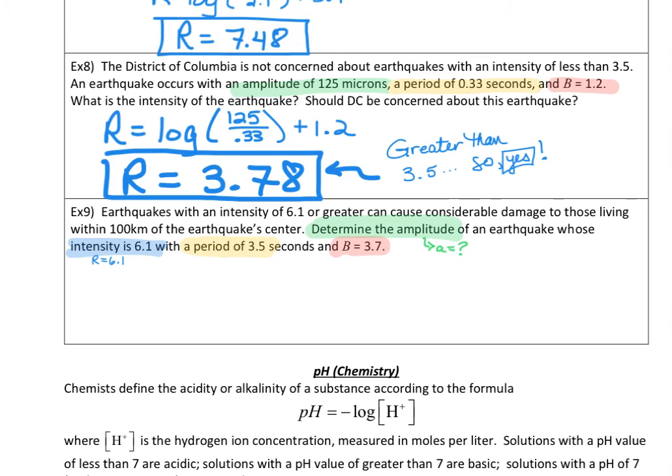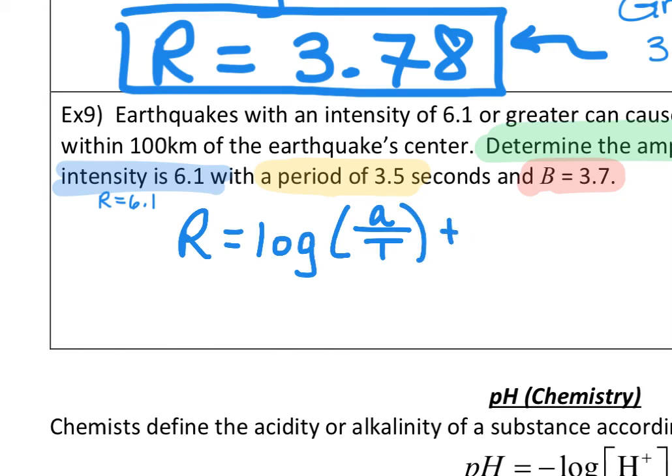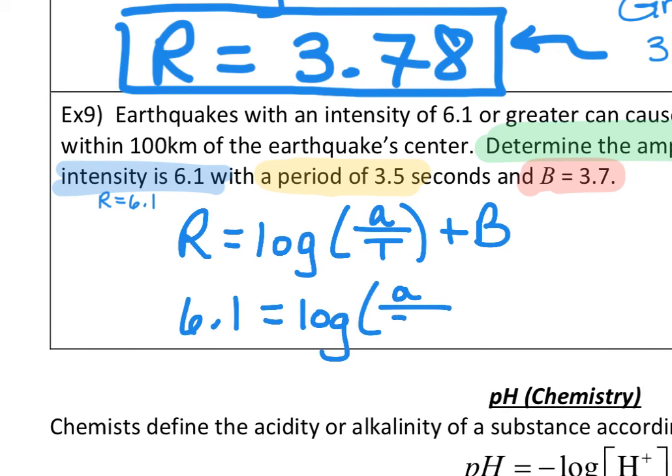So your formula, remember, is log of A over T plus B. So I'm going to substitute in: 6.1 equals log of A over the 3.5 seconds, and then all of that plus 3.7. So make sure that you understand how I substituted there.